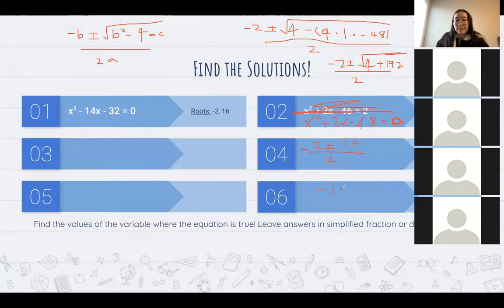So that'd be -1 plus or minus 7. And then that branches out into 2 possibilities for the root. So it could be -1 plus 7 or -1 minus 7. So that's how you guys got your answers. So good job. Hopefully you guys are getting how to use the quadratic formula.